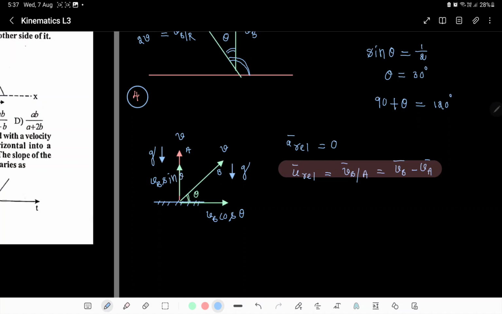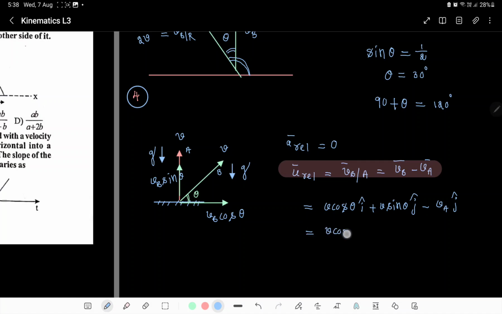Therefore U relative equals V cos theta i cap plus V sin theta j cap, minus VA j cap.